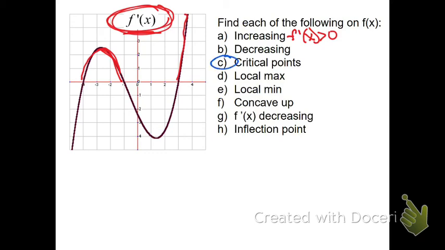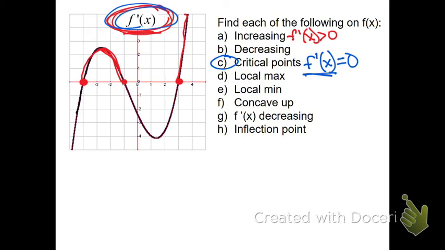Critical points. F prime is 0 or undefined. This is an f prime definition on an f prime graph, so height is 0. That looks like x-intercepts. Not your typical looking critical points. Out of those critical points are my maxes and mins. Okay, and the first one, this goes from below to above.